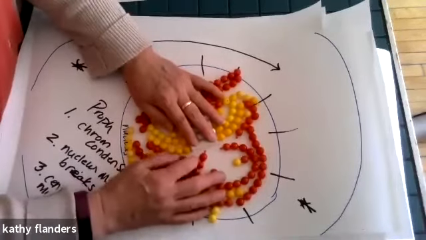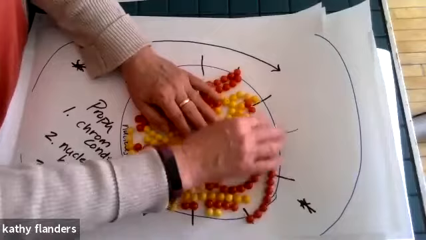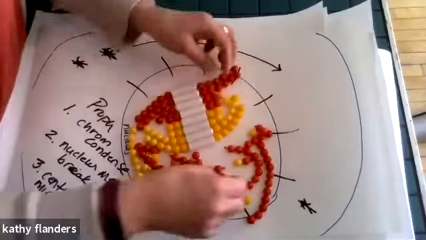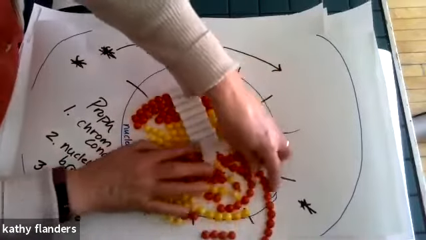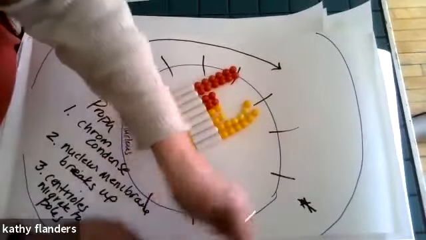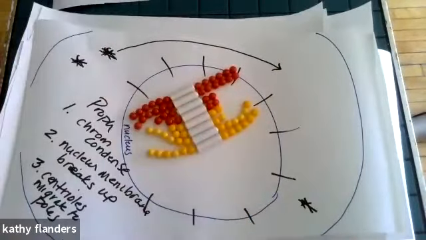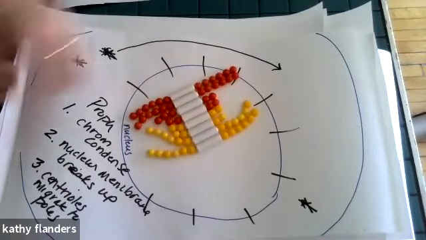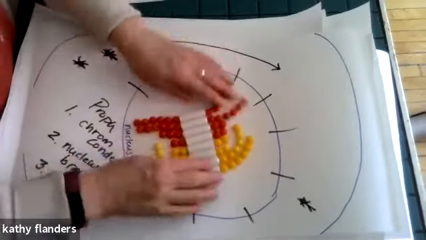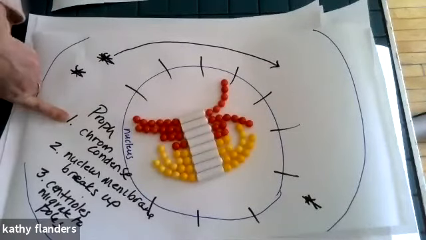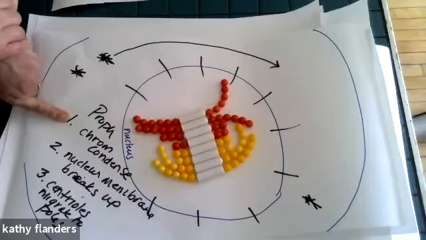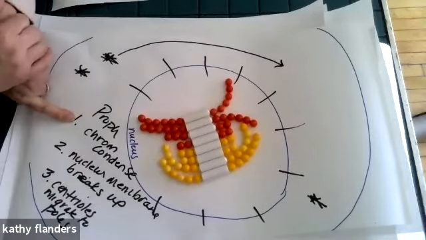First of all, what happens in prophase? Now this is prophase 1 because it's in meiosis, but what happens in prophase? Come on, I know you know because you can cheat and read it off here.